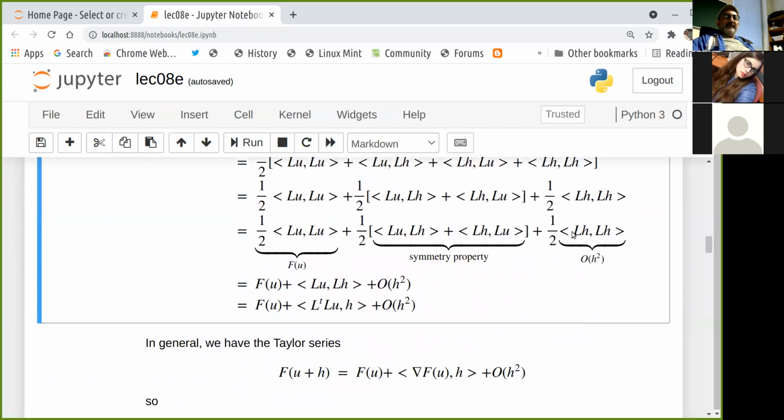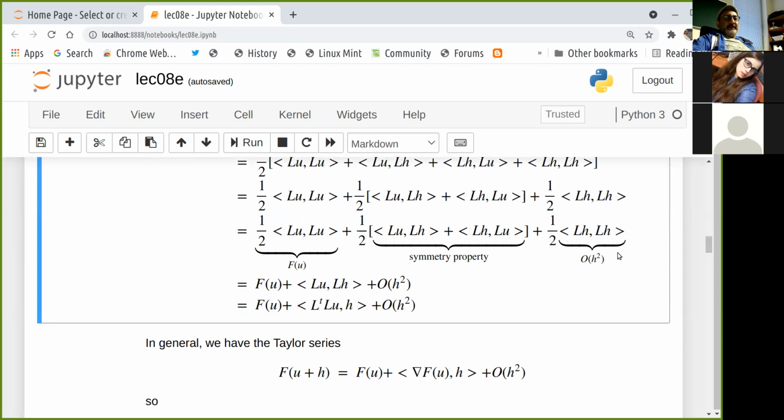And when you have something times H inner product with something times H, those terms are considered to be of order H squared. H is some very small vector, and when you take inner products with itself, you get something really tiny. So what you get is f of u plus inner product Lu, Lh plus terms of order H squared.